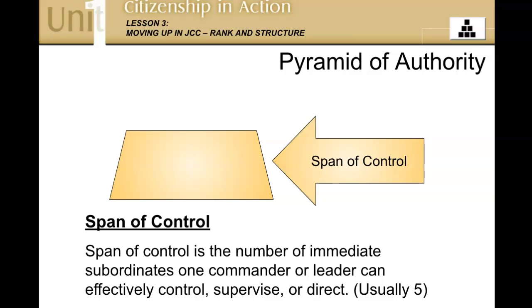Each platoon leader or lieutenant is responsible for managing 4 squads and the platoon sergeant. Okay, the platoon sergeant is responsible for, and it goes on and on. So understand that in any organization, the most people that a manager or a leader can effectively command and control is 5.